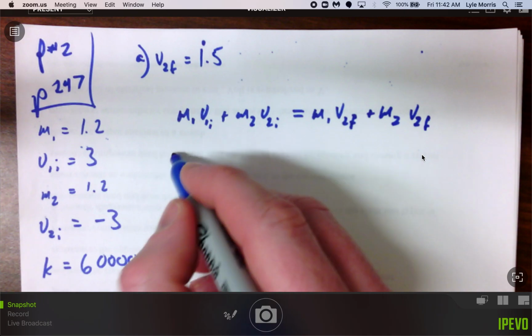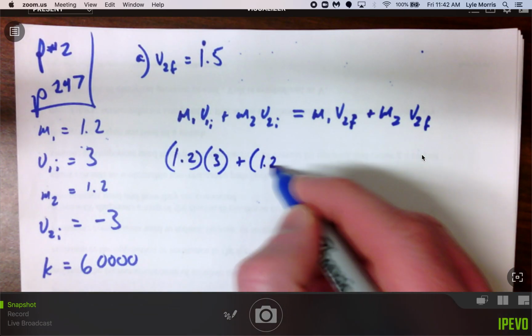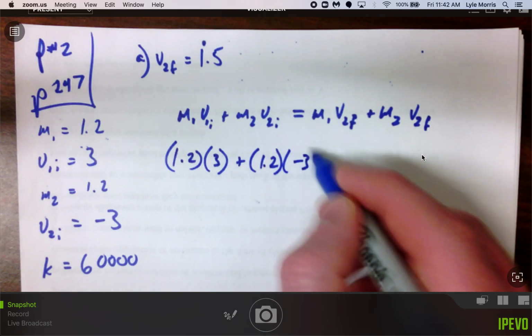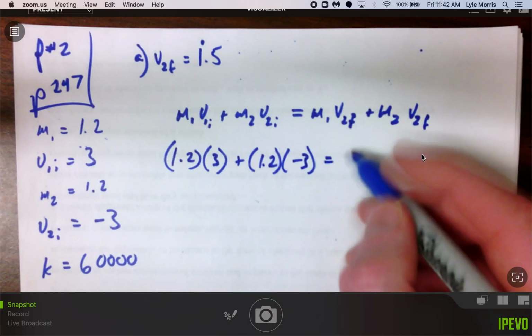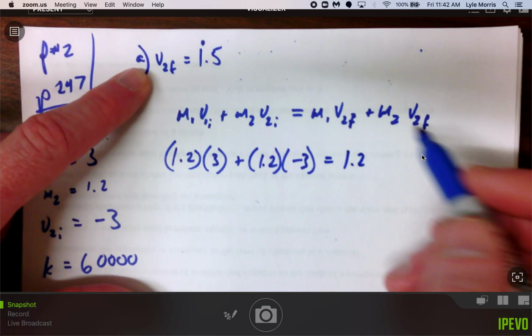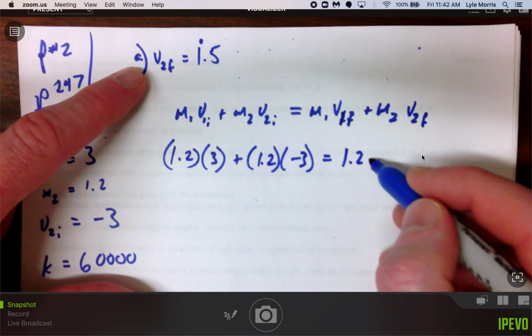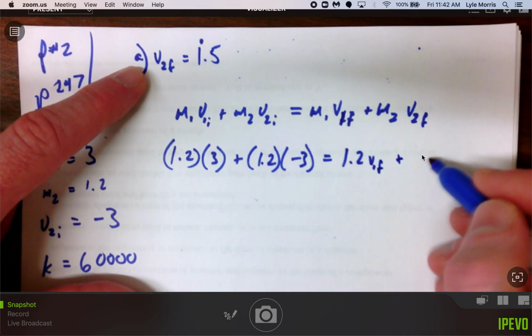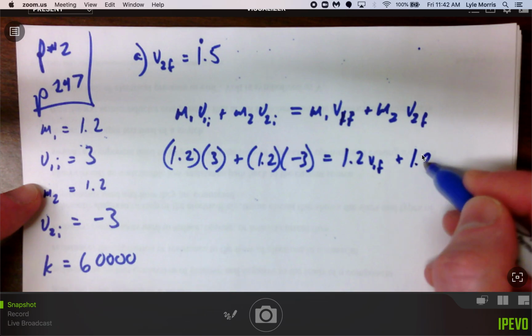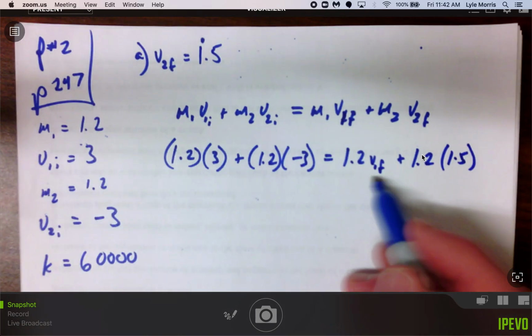So 1.2 times 3 plus 1.2 times negative 3, it's going to equal 0. Equals 1.2 V1F, sorry, V1F, plus M2, which is 1.2, times, we know it's going 1.5. So we're solving for this.